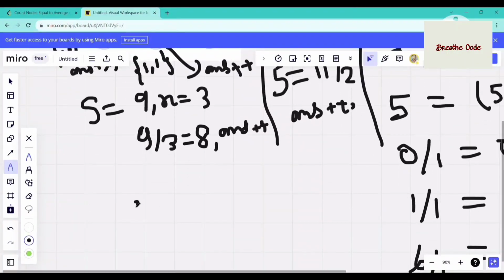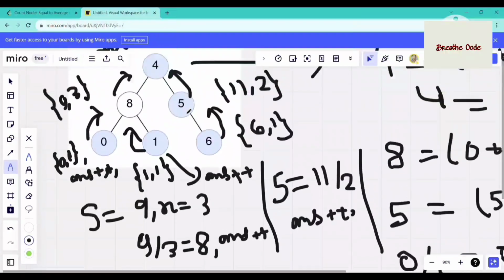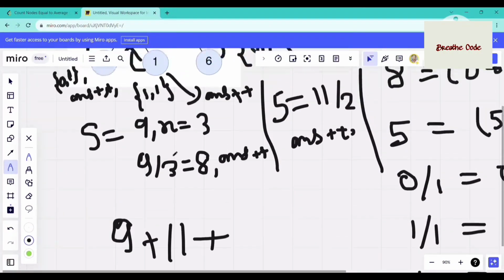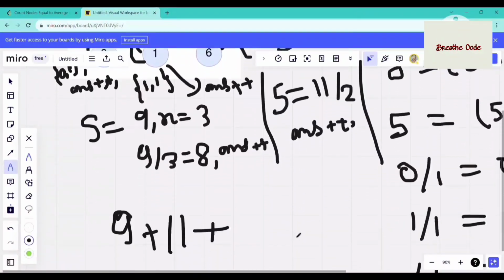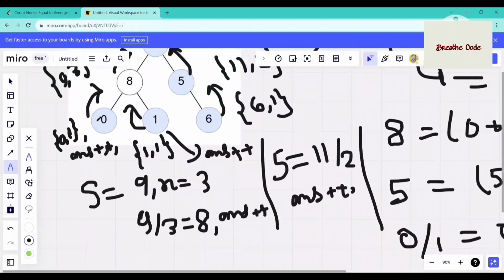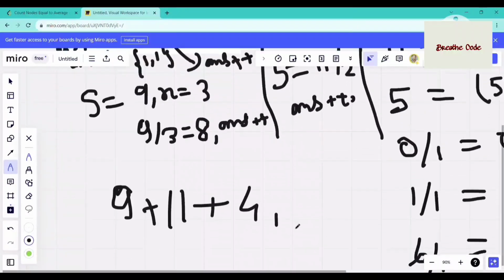Now I'm returning this as a pair. And after reaching here, what is my left value? Left sum of the nodes is 9, so I will take 9, sorry, this is 9. The right value is 11. Okay, so 11 after 4.